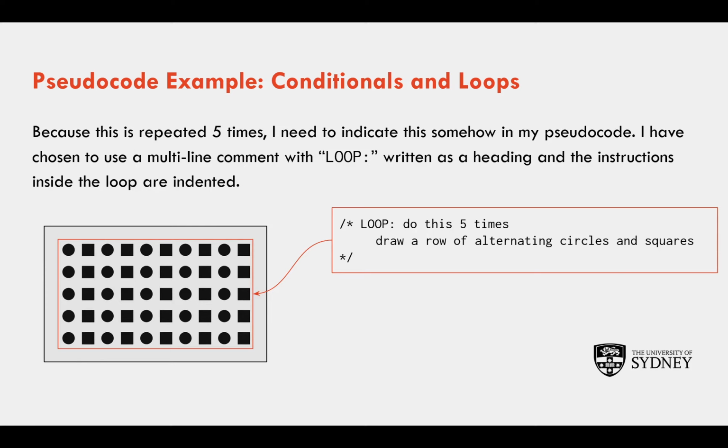Now, because I'm repeating this 5 times, I could use some sort of language or predefined way for myself to remind myself that I'm looping. So I've chosen to go with a multi-line comment with the heading loop and then just something specific detailing how many times I do it. So do this 5 times.